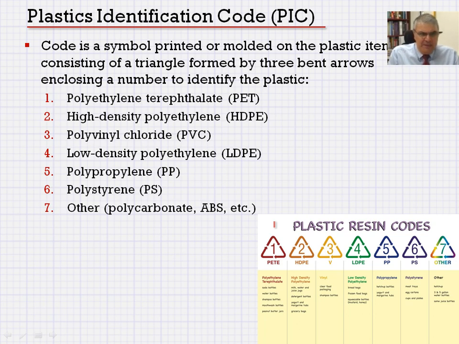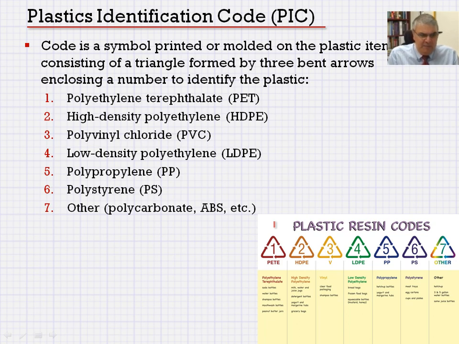First one is PET, polyethylene terephthalate, and the next one is the high density polyethylene, HDPE. The third one is PVC, and the fourth one is low density polyethylene, LDPE, then PP, PS, and there are others.